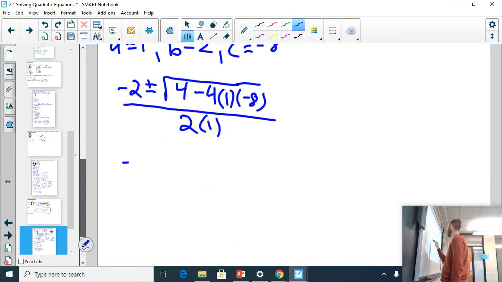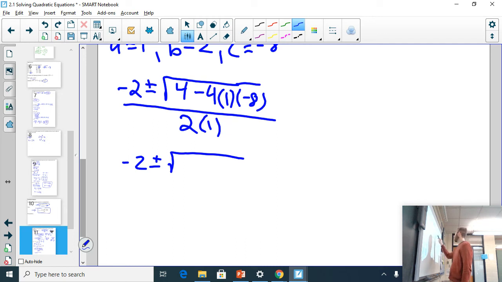We have negative 2 plus or minus the square root of, this will be minus a negative, right? Because we have negative 8, so minus a negative will actually be positive. So 4 plus 4 times 8 is 32, so we'll actually have the square root of 36. That's kind of nice. All over 2 times 1 is just 2.